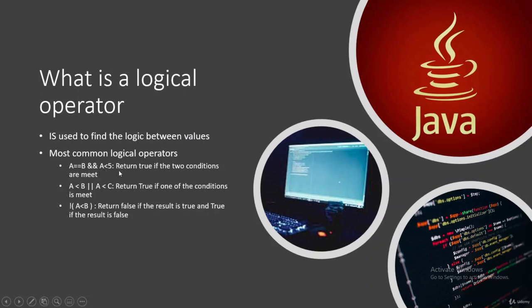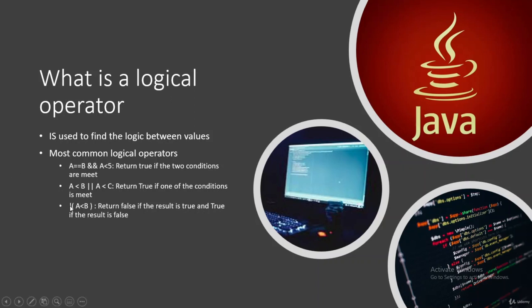Once again, it's really important that the two values are met. The sign that will be used is this sign right there. It simply means that the two conditions need to be respected. If the two conditions are respected, it will return true. If not, it's going to return false.